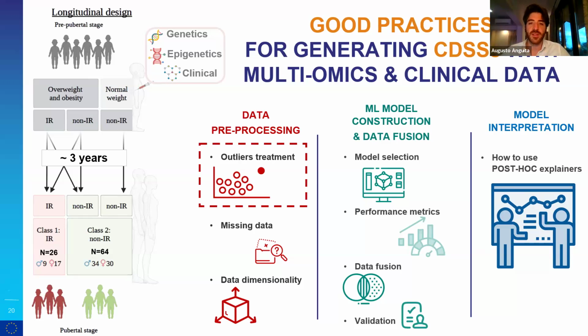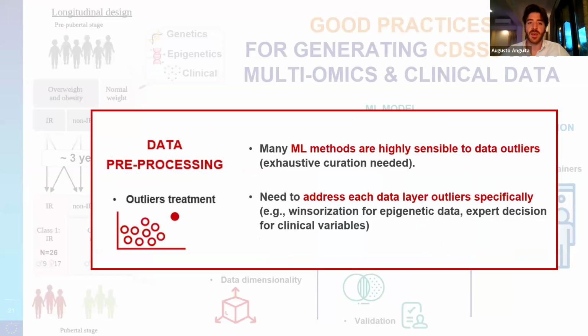Starting with outliers treatment, we think it's important to pay attention to this step. Sometimes it's overlooked in many studies, and some particular machine learning methods are highly sensitive to possible data outliers, so we need extra attention on that.